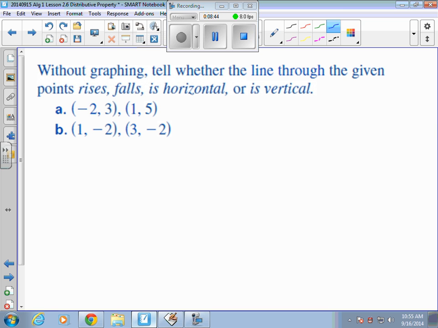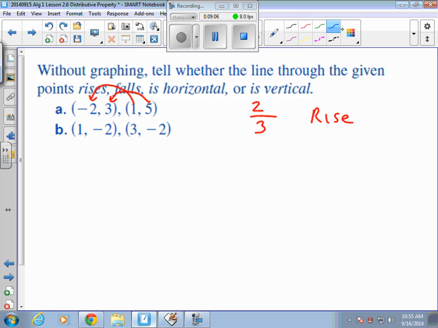Okay, that went a little bit longer than 30 seconds. Just check your change of y. Remember, change means what's the difference. So subtract them. 5 minus 3 is going to be 2 over your change of x. 1 minus a negative 2 means 1 plus 2, which is going to be 3. This is a positive value right here. That one is rising. It's going up since it's positive.